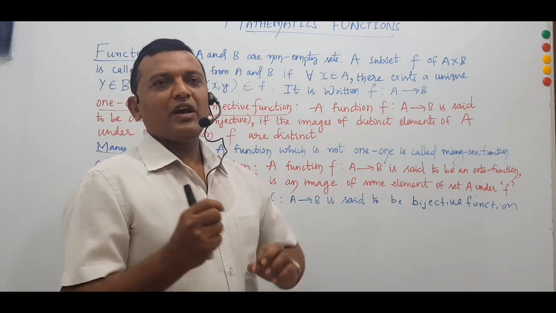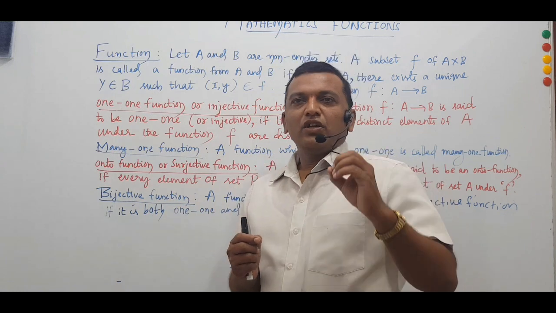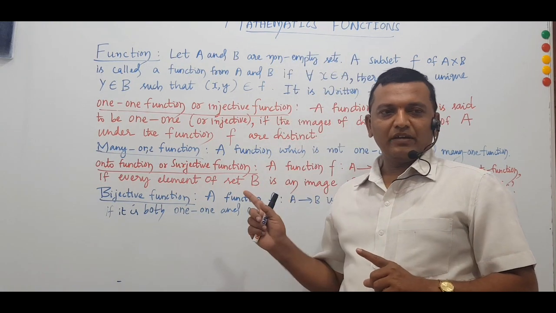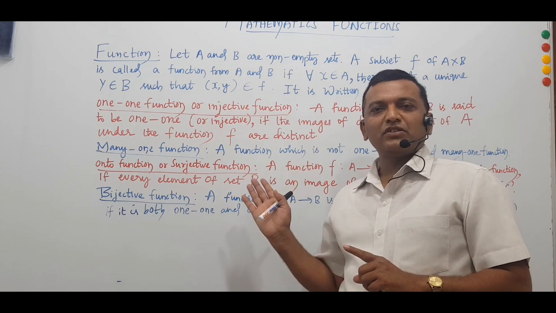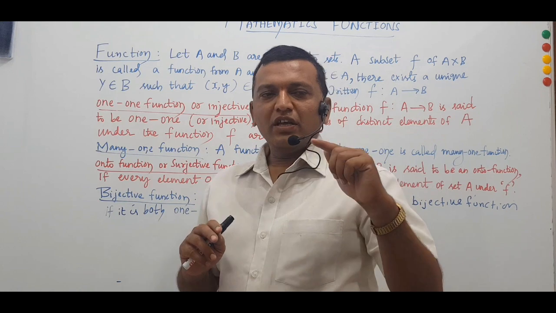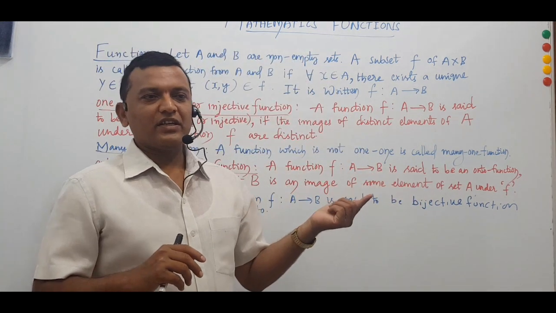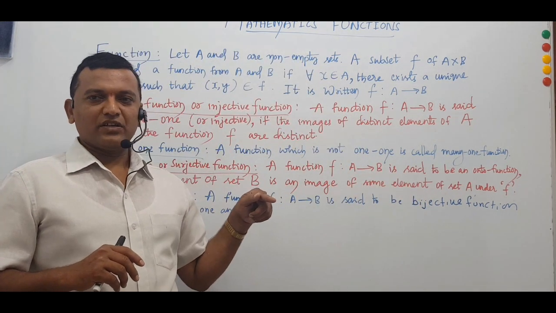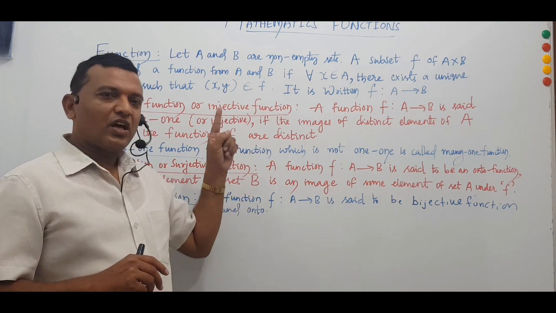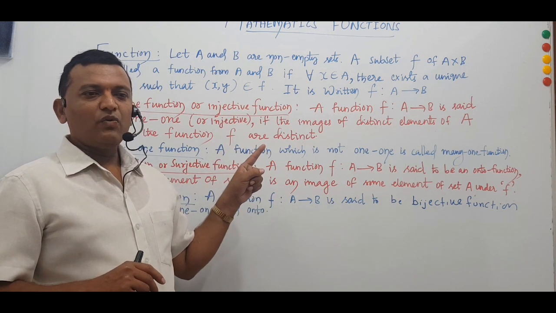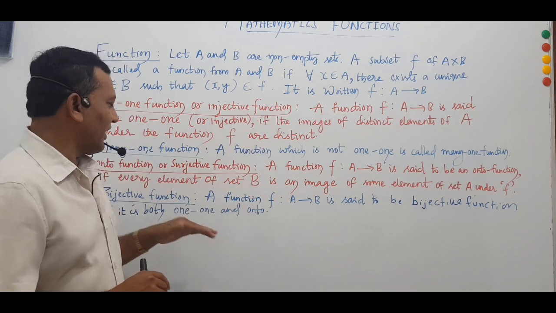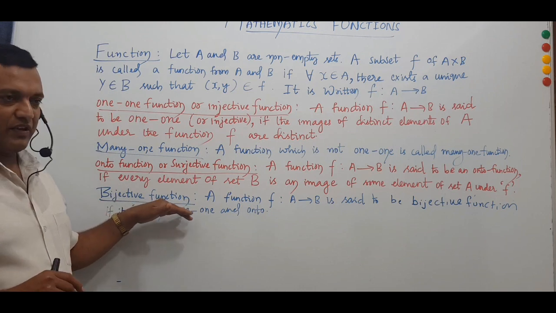Another way of putting it is, distinct elements of A have distinct images in set B. Similarly, distinct elements of B have distinct pre-images in A. So from A to B it is a function and from B to A also it is a function. Also you can compare and understand: all onto functions are one-one functions, but all one-one functions may or may not be onto functions.